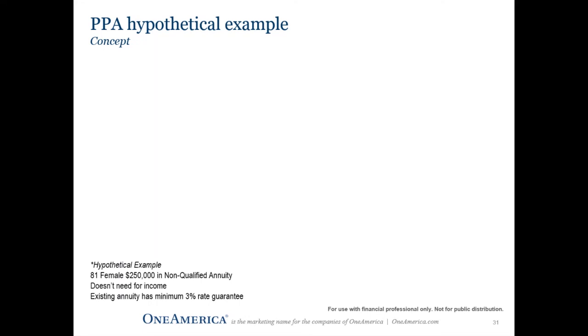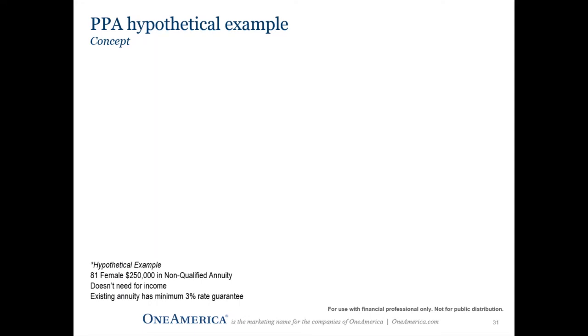So this gal is sort of, quote unquote, all set when it comes to income, but she does have concerns about long-term care. But she's really thought, and her advisor in many ways has said, that annuity you've got, it's got such a great rate on it. It's making 3% guaranteed. I would sure hate to trade that rate.